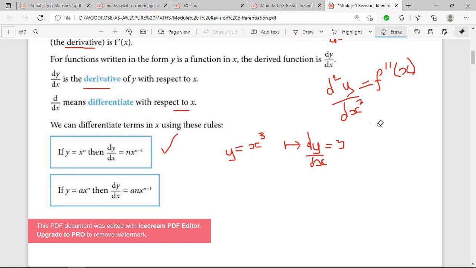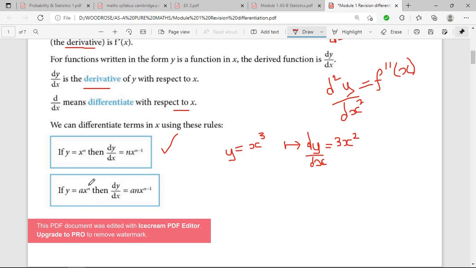So if you bring down 3, we are going to remain with n minus 1. And we said n is 3, so 3 minus 1 is 2. We are going to remain with 3x squared.